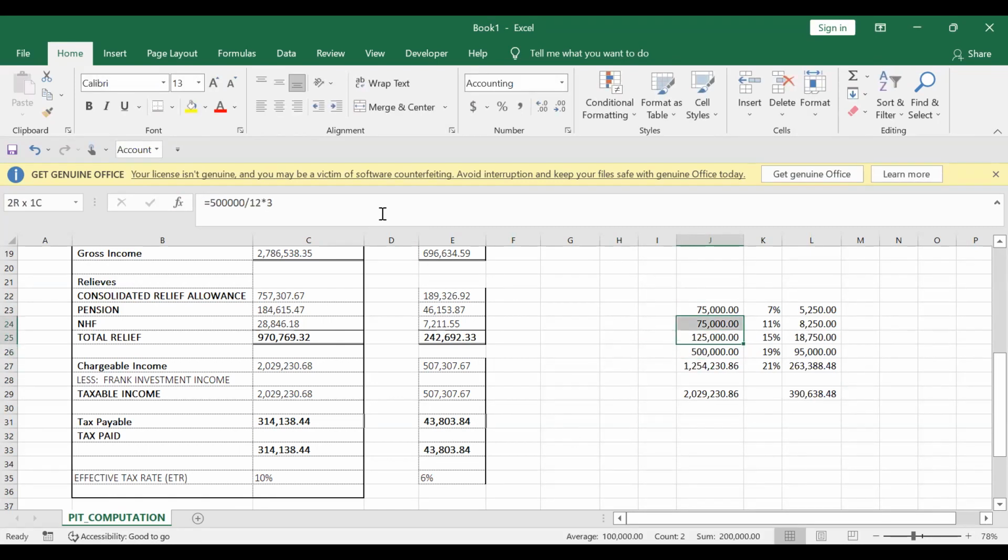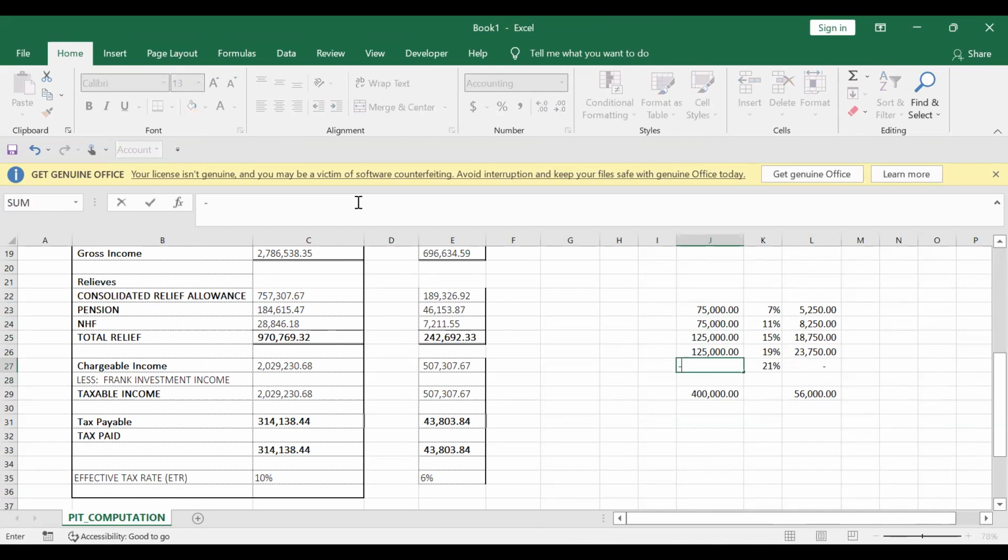So if I had this, it's still not up to the 500. So the next 500, I will divide by 12, multiply by 3. So if I add everything together, it's still not up to the taxable income. But the next one should be 1.6. So I will say 1.6 divided by 12 and multiply by 3.